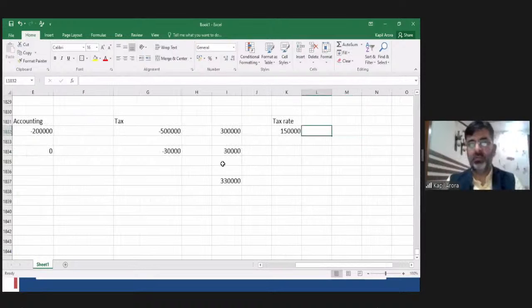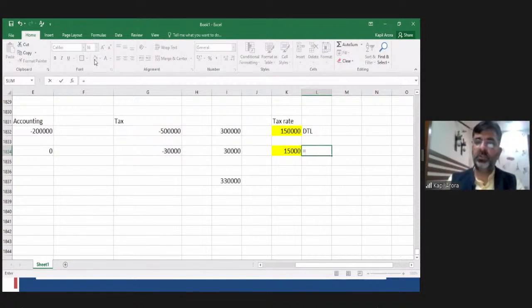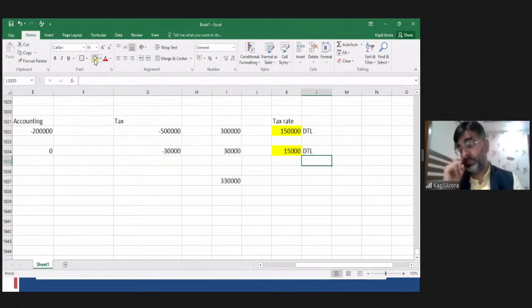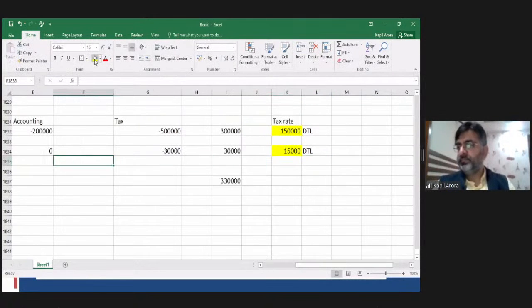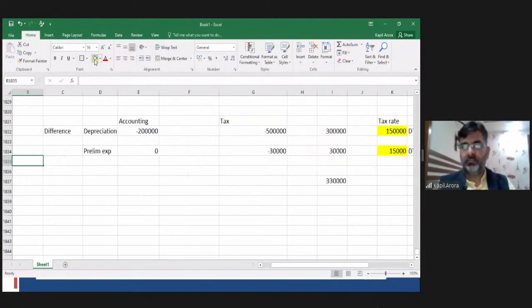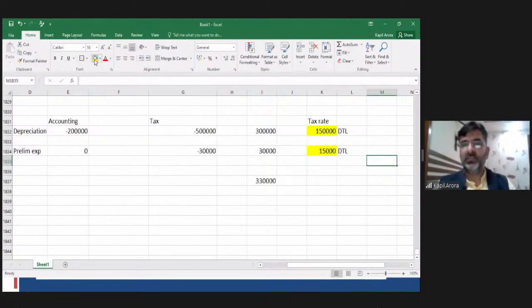This is on the depreciation, so it will come as deferred tax liability. This is 30,000. Basically, this is the reversal of earlier recognized deferred tax asset, or whatever you call it. So it should also appear as an expense in the books. Okay. Right. I hope this is fine with everyone.